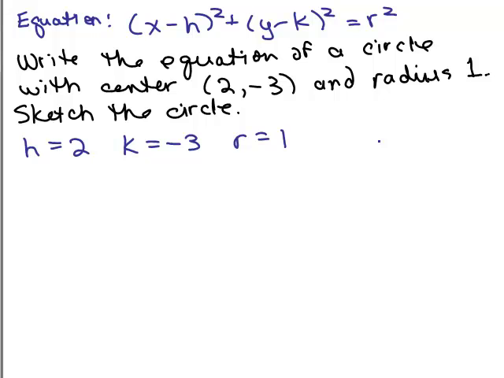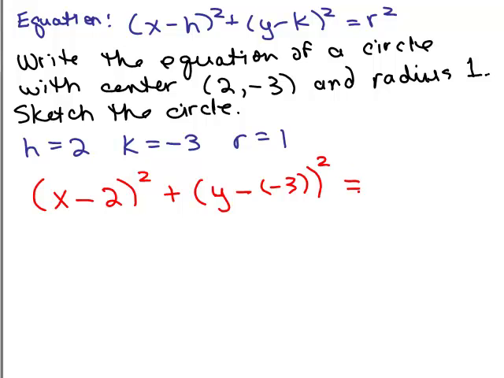We simply plug that into this equation up here. So we will have x minus h. What's h? 2, squared, plus y minus k. Now k in this case is negative 3, so that's y minus a negative 3, squared, equals 1 squared.